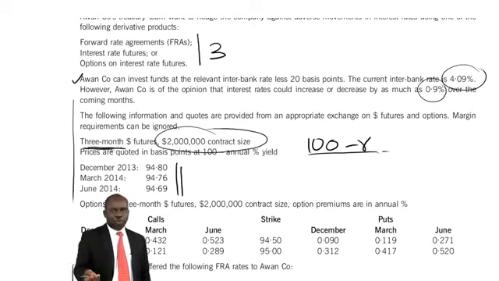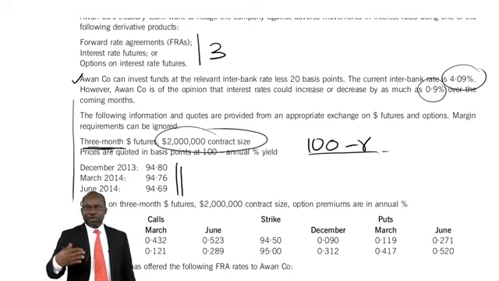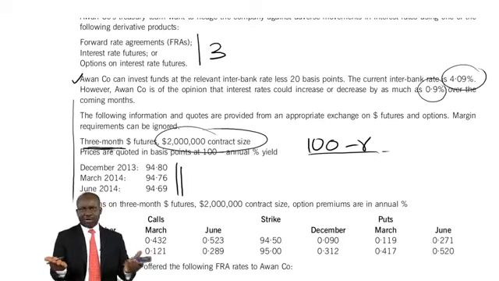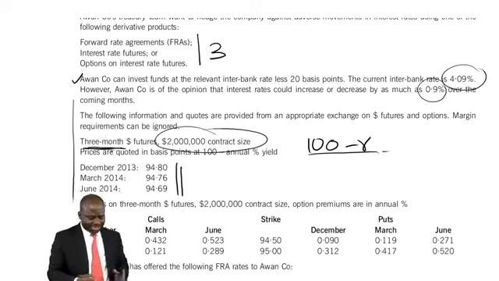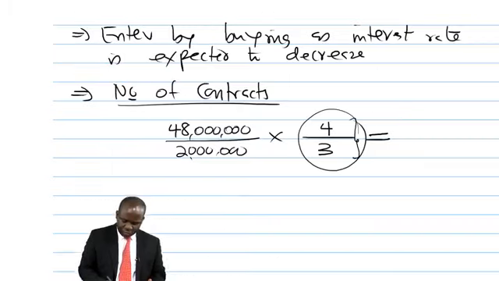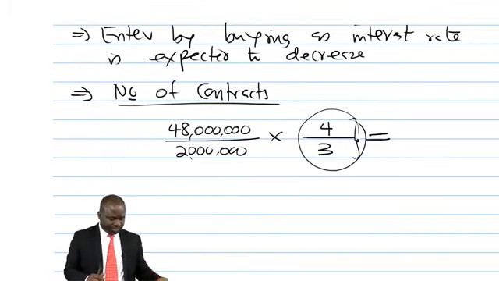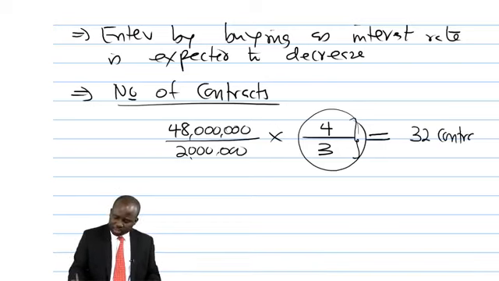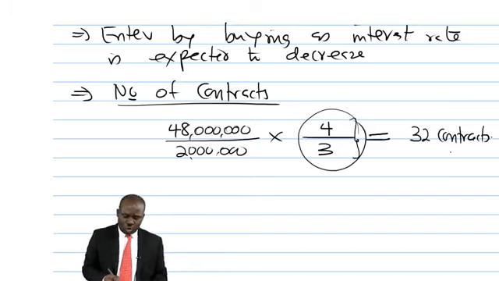But we are not investing over 3 months. We are investing over 4 months. So the maturities are not the same, so you need to make that adjustment. That is why you would have to watch out for the maturity mismatch. And then how many contracts we're going to get, which is 32 contracts.